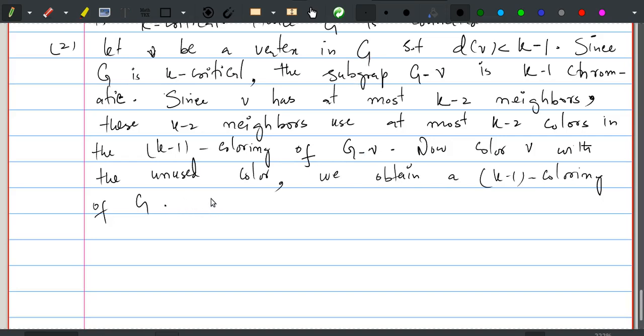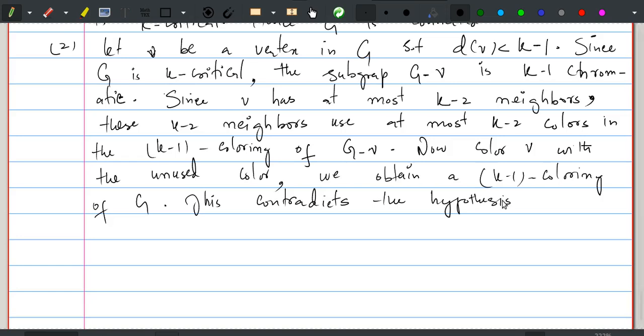So this contradicts the hypothesis that chi of G is k.